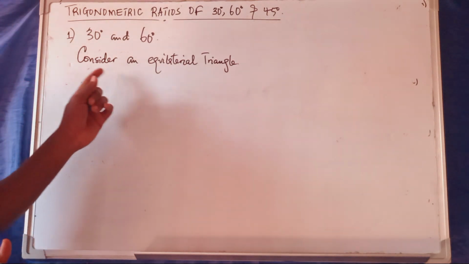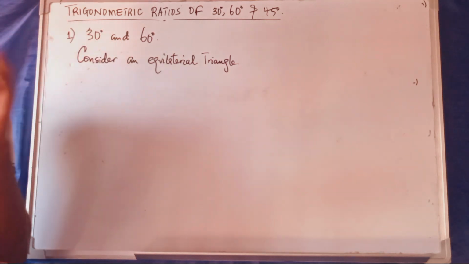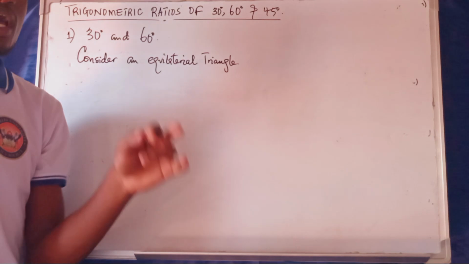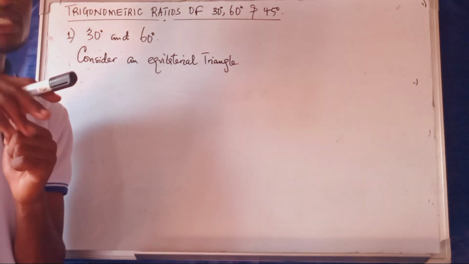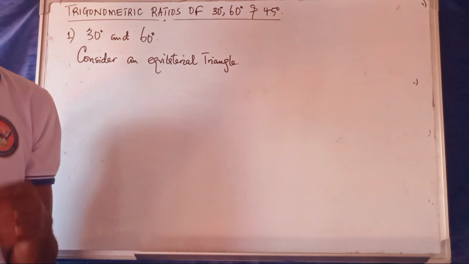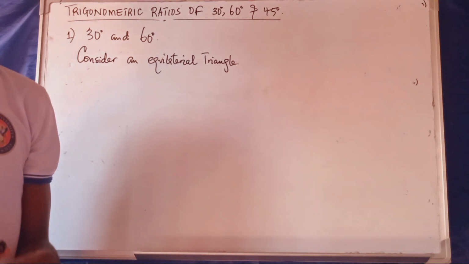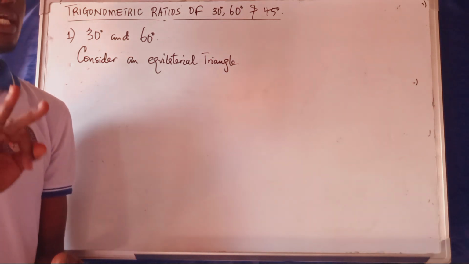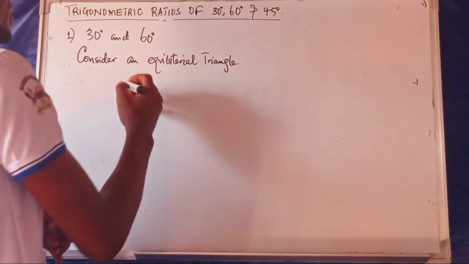Specifically, we are dealing with an equilateral triangle because if all sides of a triangle are equal, it means that the angles inside the triangle are also equal. They are always 3 and they must add up to 180, so they are 60 each.